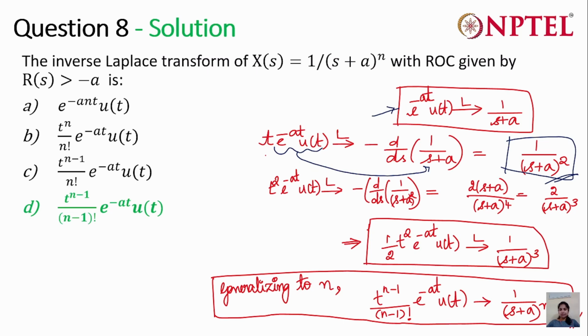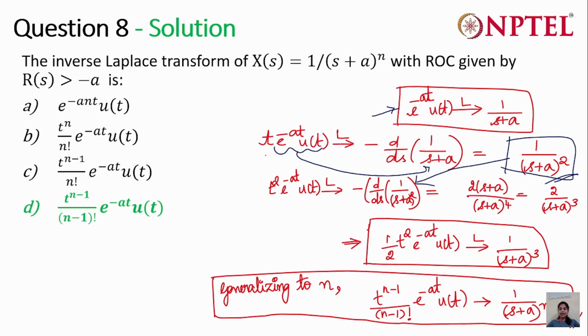Now if I do t square, here again I have minus d by ds of whatever I have here. So it's something just like a chain. So for each multiplication of t, we have a minus one differentiation with respect to s. So for t square, it becomes 2 by (s plus a) the whole cube. So if I bring this 2 to the left hand side, half t square e power minus at into u of t's Laplace transform is 1 by (s plus a) the whole cube.